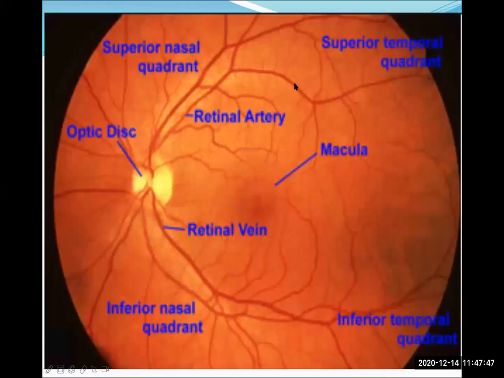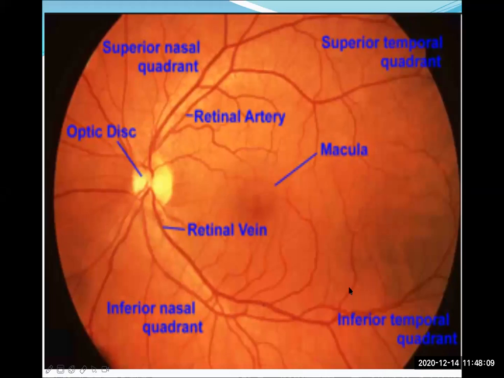Now all of you please focus here. Once again, the different things are labeled here. This is the optic disc. Here is the retinal artery, and this is the retinal vein. This is the superior temporal quadrant, superior nasal quadrant, inferior nasal quadrant, and inferior temporal quadrant.